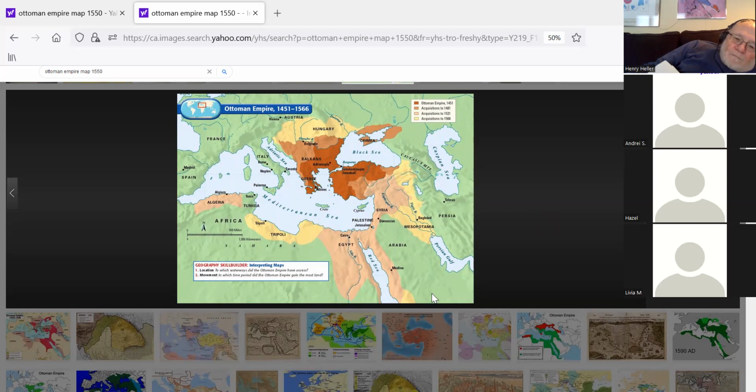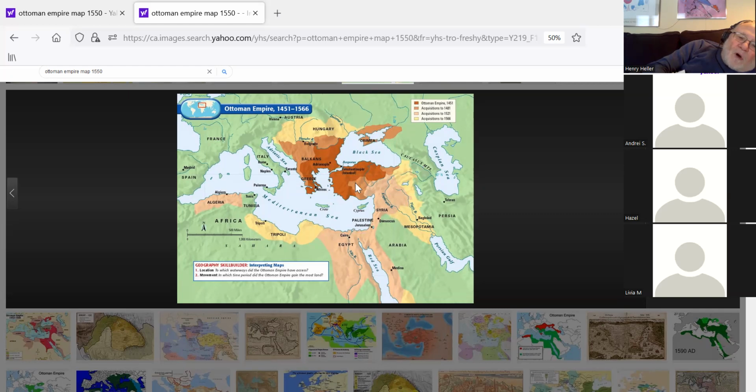Okay. So they start out way up in Central Asia. There are these Turkish people during the Middle Ages, and from about the 11th century onwards, wave after wave of Turkish people begin to invade, particularly this region here.